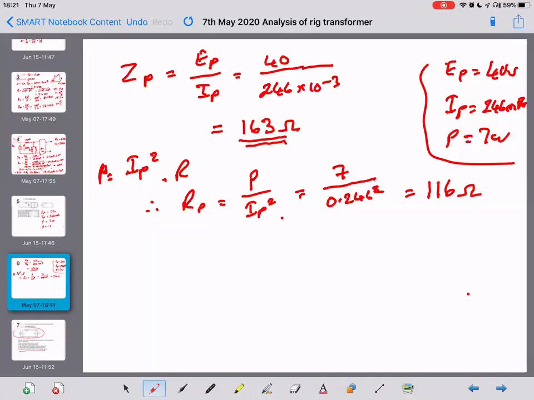Okay. Now we've got that new piece of information. What else can we find? We can find X, can't we?